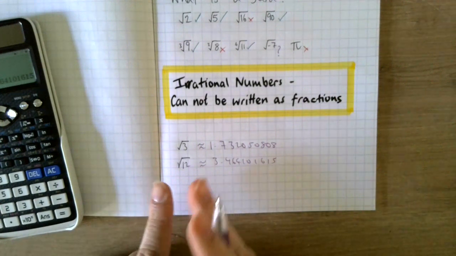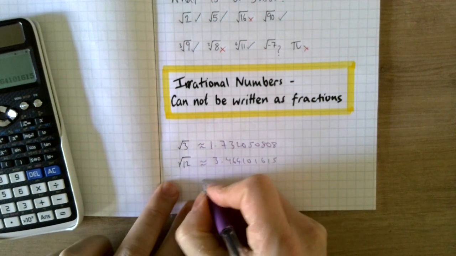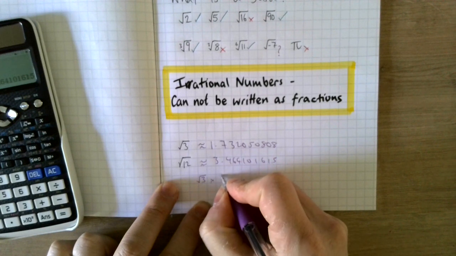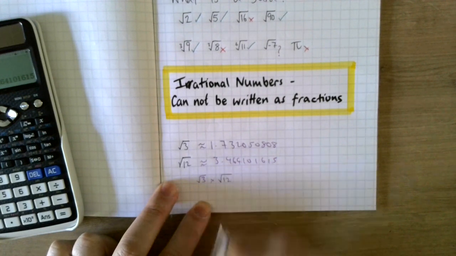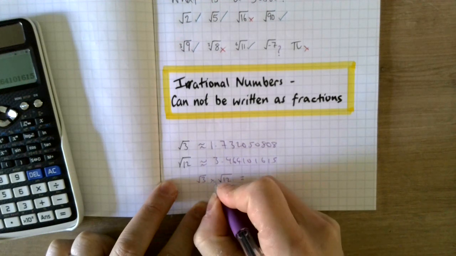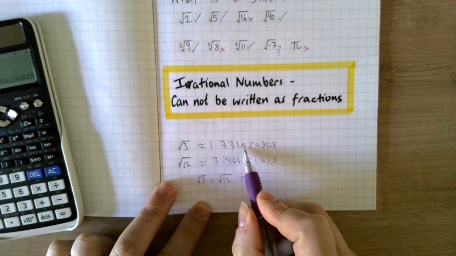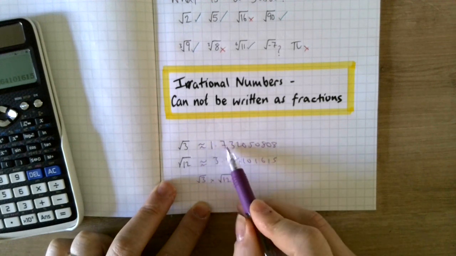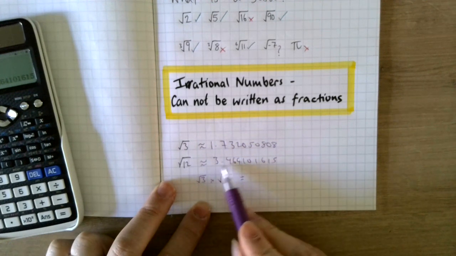So I'm going to multiply those together. Root 3 times root 12. And have a guess. What do you think that's going to be? What do you reckon it's going to come out? 1.73205 blah, blah, blah, times that one. I mean, that's kind of about 2, and that's roughly about 3-ish.